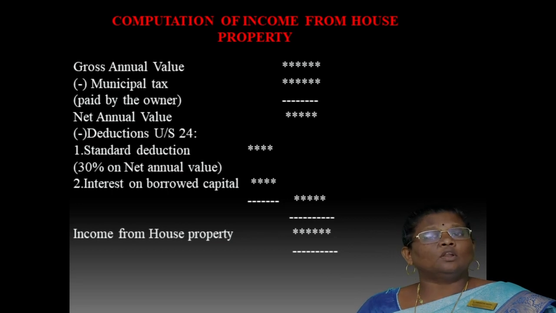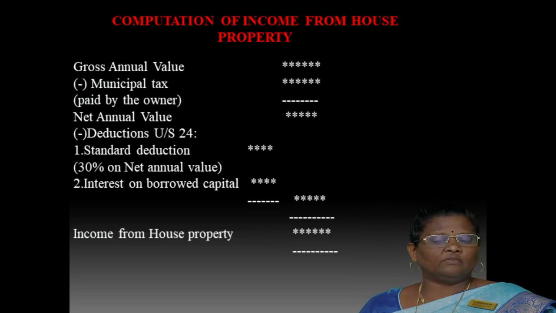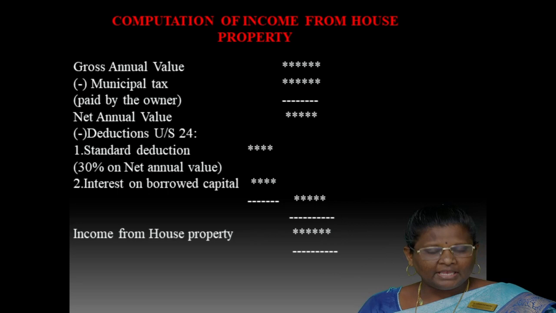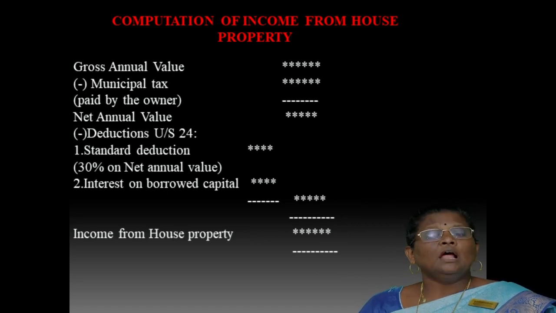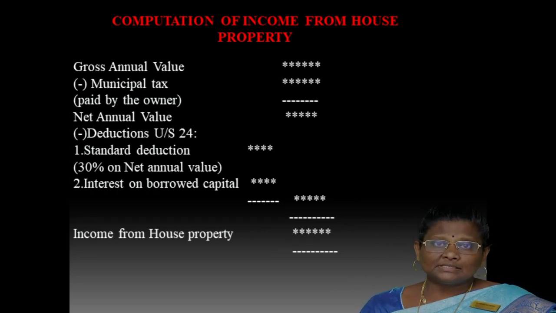Suppose we got a loan from banks to construct a building, the interest paid to the banks is deducted here. So these two deductions are added and subtracted from the net annual value. The remaining balance is the income from house property for the let out building. Particularly one point, this is only for the let out property.